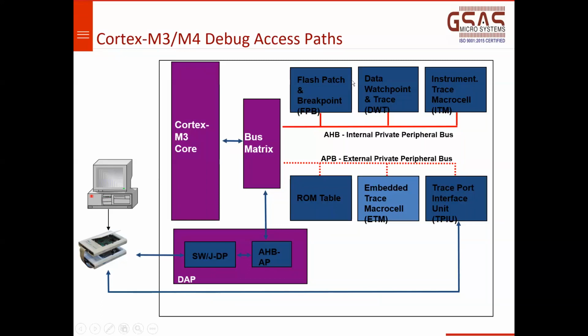Here you can see the Flash Patch and Breakpoint block (FPB), DWT, and ITM. All are connected to the internal private peripheral bus, which is actually connected to the AHB-Lite bus, to which you can connect the Cortex-M core. Whereas your Embedded Trace Macrocell, which is in a different color, is optional, along with the Trace Port Interface Unit, because all the trace created from the ETM goes to your TPIU as well.